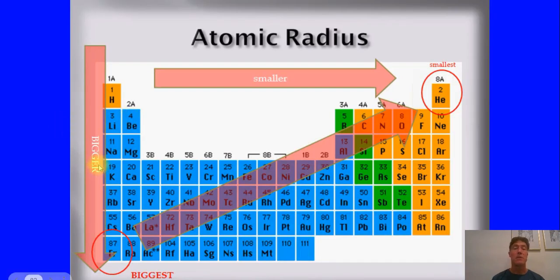So the easiest way to remember this is that helium is the smallest, and francium is the biggest, and everything is going to go from biggest to smallest. So they're going to get smaller as we go left to right, but they're going to go bigger as we stack more and more concentric shells, Russian nesting doll style, down the periodic table.